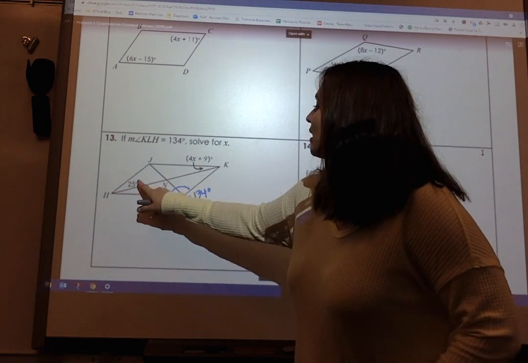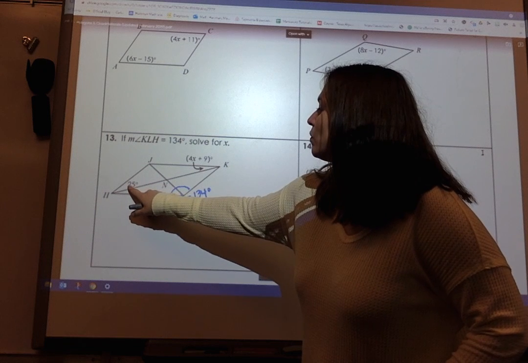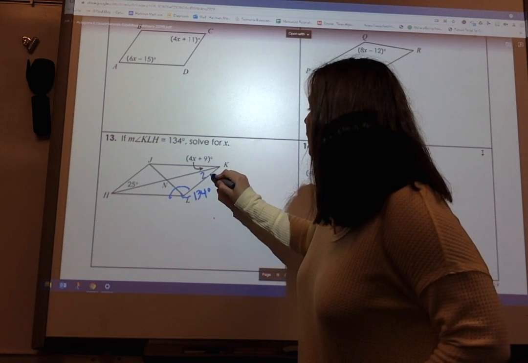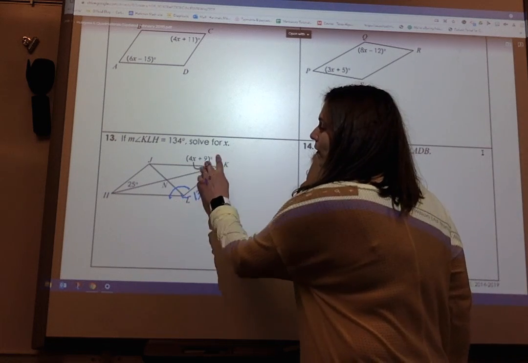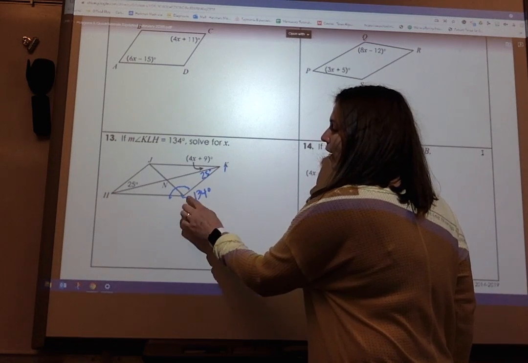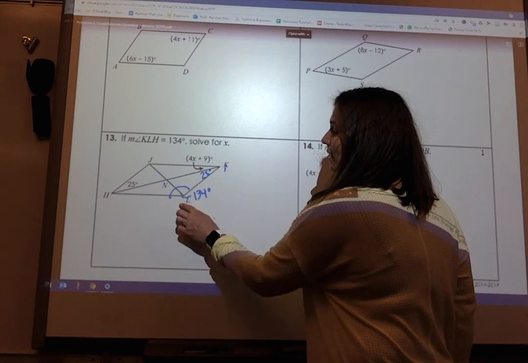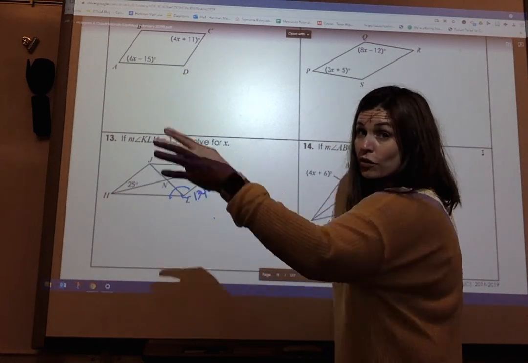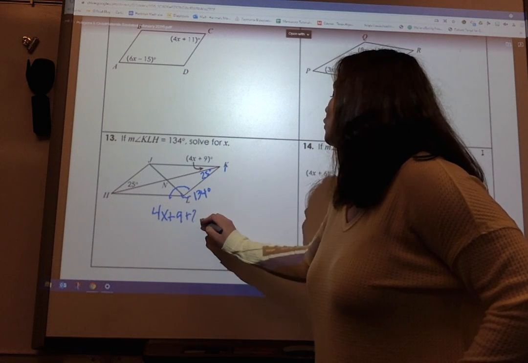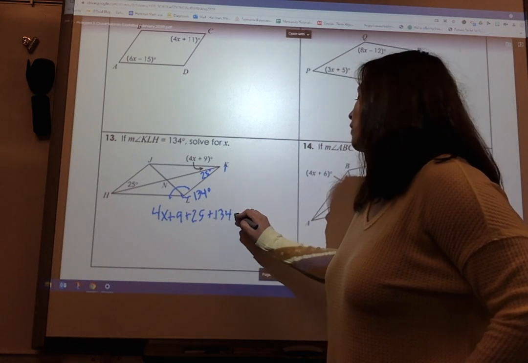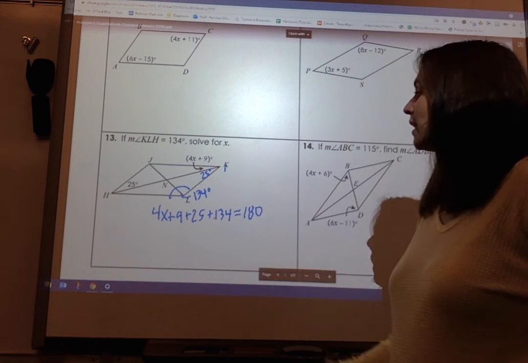I know that these guys are alternating interior. So if this one's 25 degrees, this one is 25 degrees. Now I have all of these angles identified right here, and I know that angle L and angle K together are supplementary, which means they're 180. So I can say that 4x plus 9 plus 25 plus 134 all equals 180 degrees.